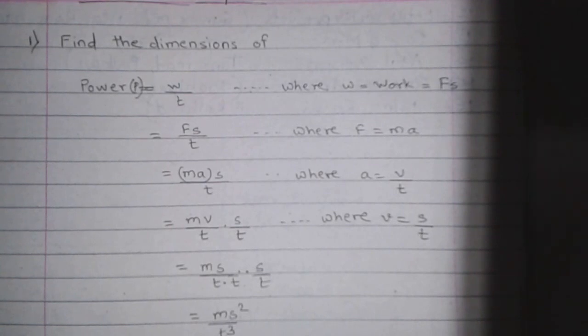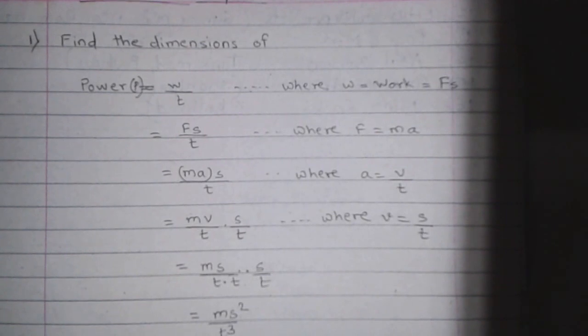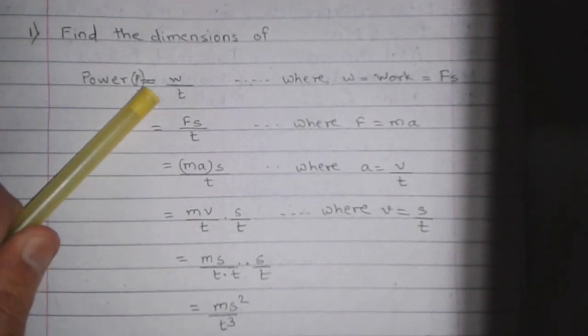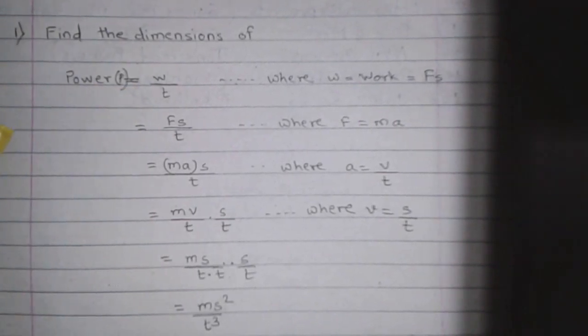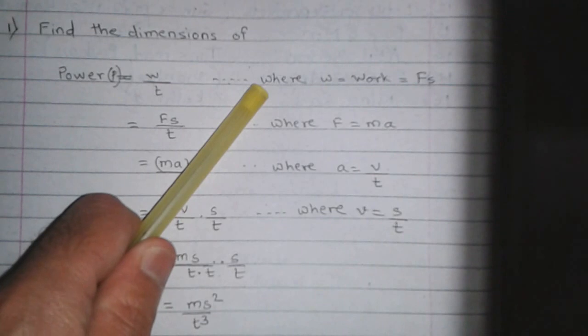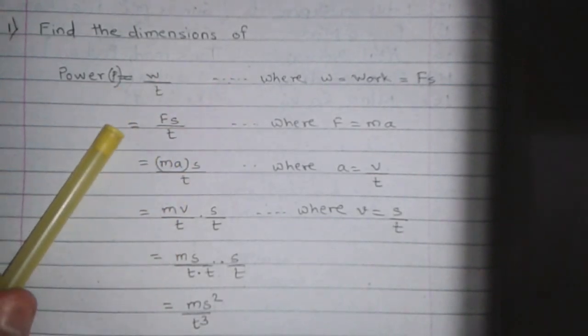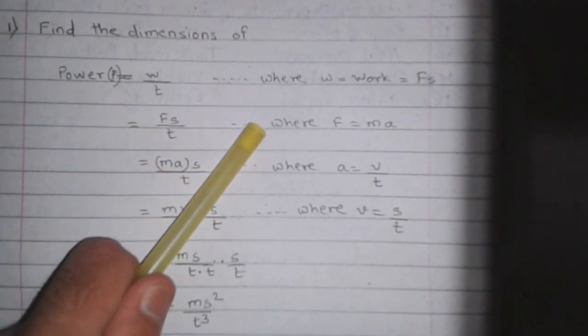Power P is given as the ratio of W upon T, that is, work per unit time, where work is given as force into displacement. Therefore, it can be written as P is equal to Fs upon T, where force is mass into acceleration.